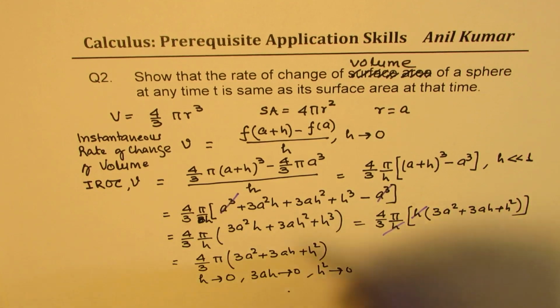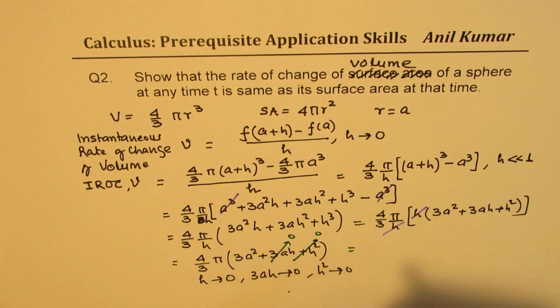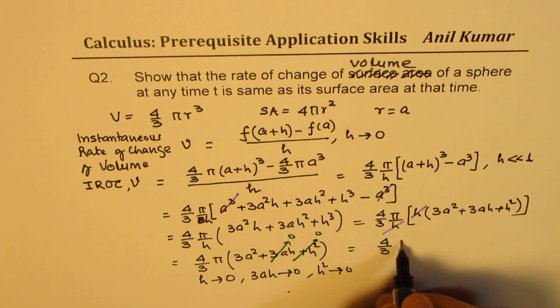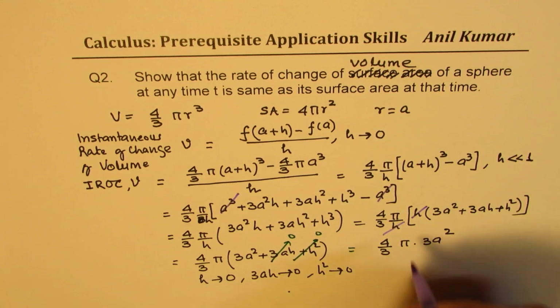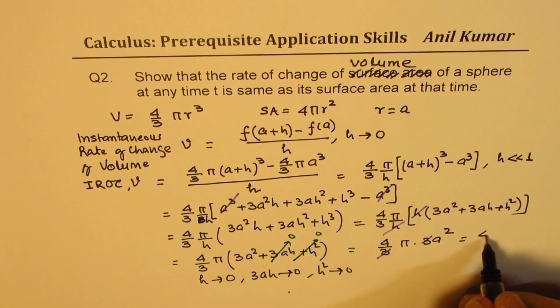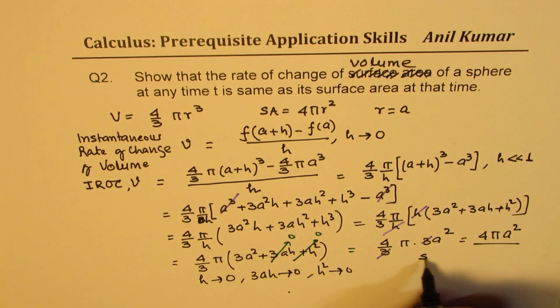So these two terms will be as good as 0. So what are you left with? You are left with 4 by 3 pi times 3a square. 3 and 3 cancel, and what you get here is 4 pi a square, which is the surface area.